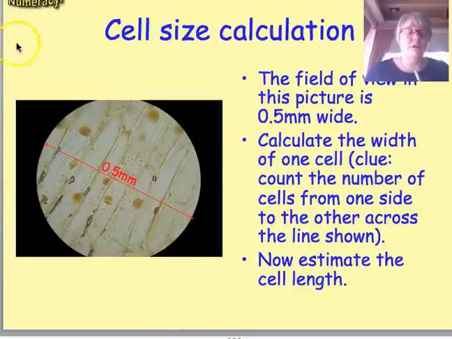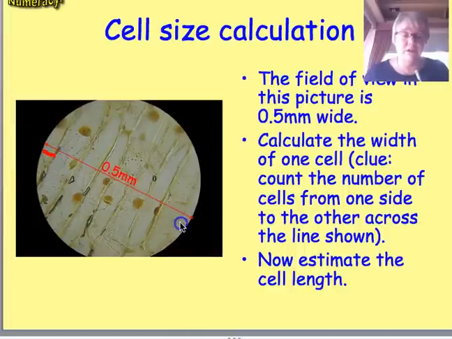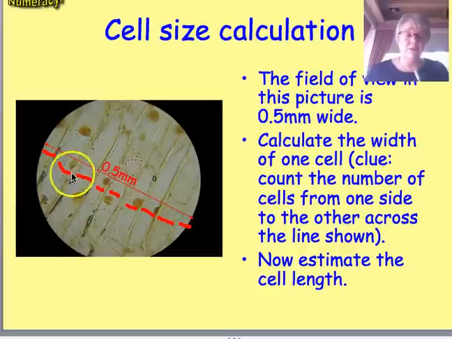So what you would do is count the number of cells in the field of view that you've been given here. We can just make out there's a cell here, 1, and there's a little bit of a cell over here. So we can count that really as one cell, the total of these two pieces. So one cell, 2 cells, 3, 4, 5, 6, 7, 8. So there are 8 cells across this field of view, which is 0.5 millimeters.